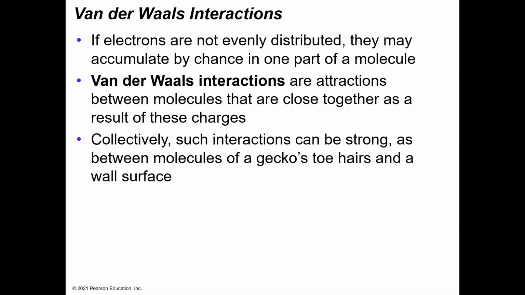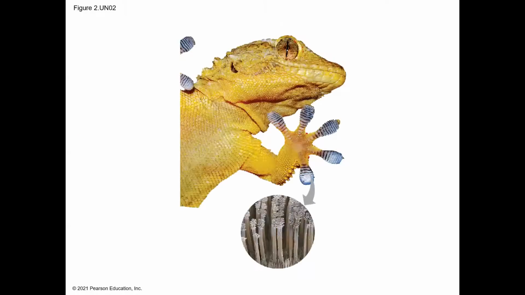Or the surface of plastic that sticks to something. This is van der Waals interaction, exactly. You have a bunch of molecules, and charges accumulated on the surface of these molecules can actually interact with other molecules on another surface. Like a gecko.